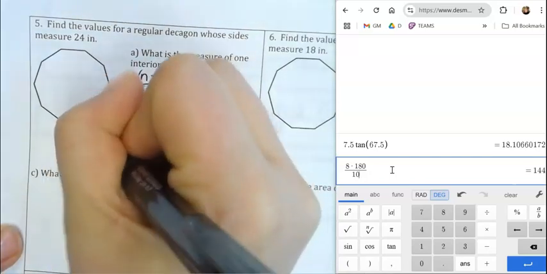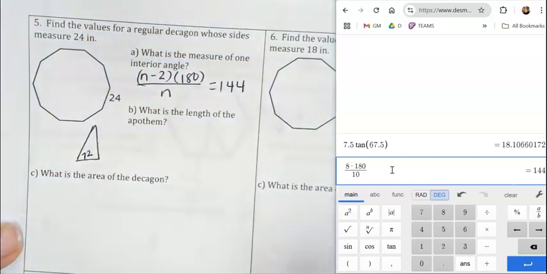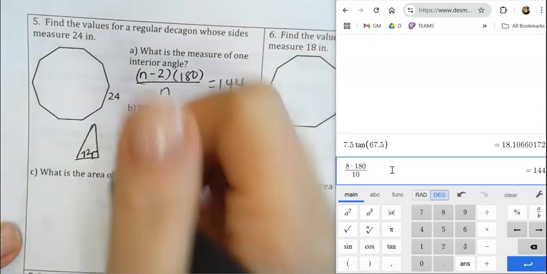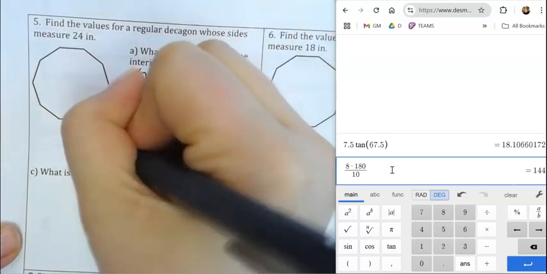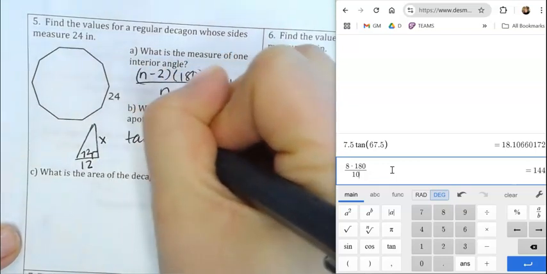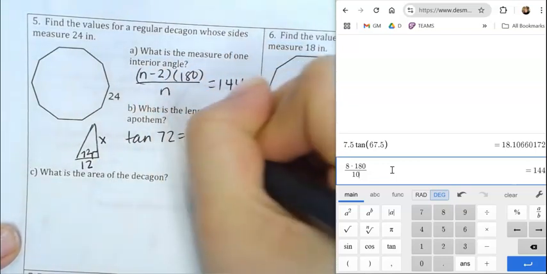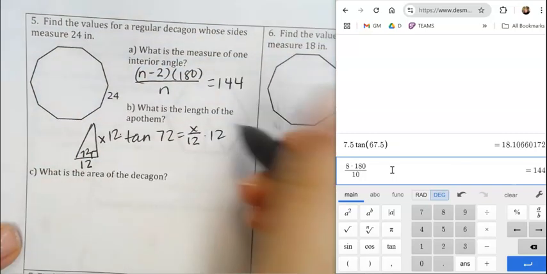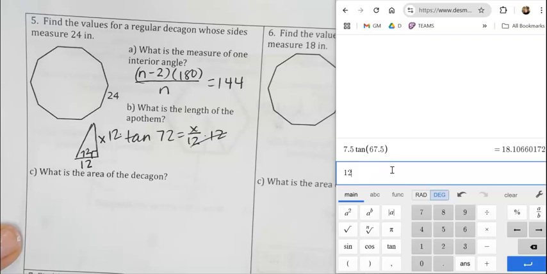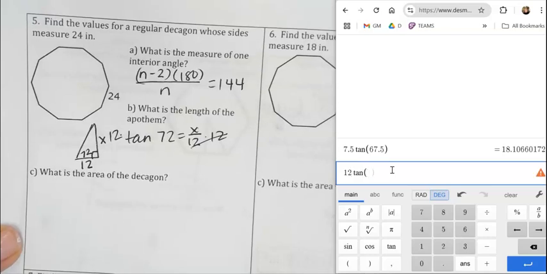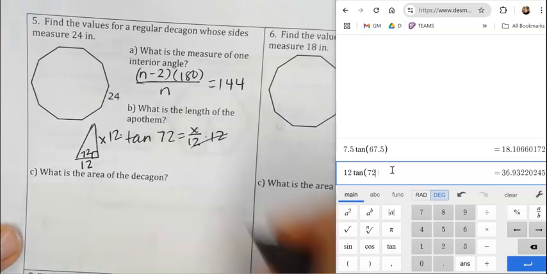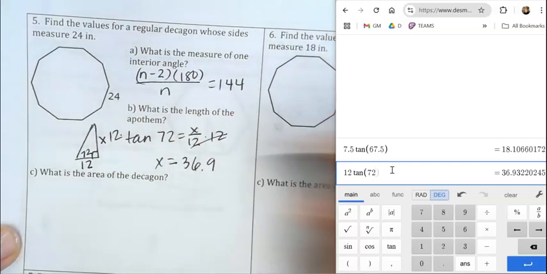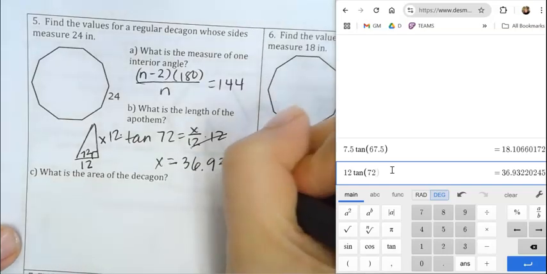So your 72 degrees would be half of your interior angle. We're going to use half of the base, 12, and then you're going to use tangent to figure out your apothem each time. So we get 12 tangent of 72 gives us an apothem of about 36.9, and then you'll be able to find your area.